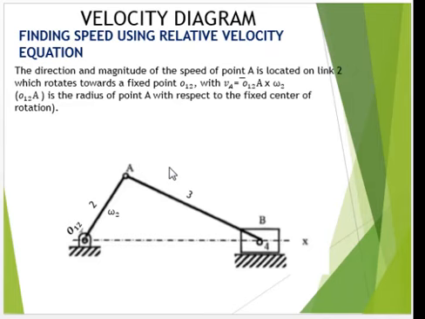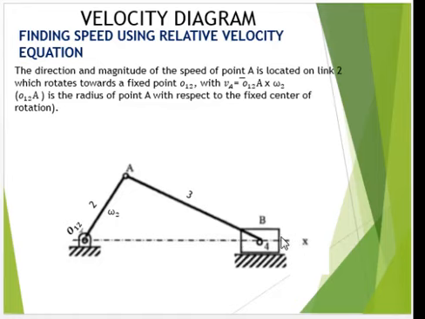The following is an example of determining the speed using the graphical velocity vector equation. In the following figure, you can see the crank mechanism or slider mechanism.